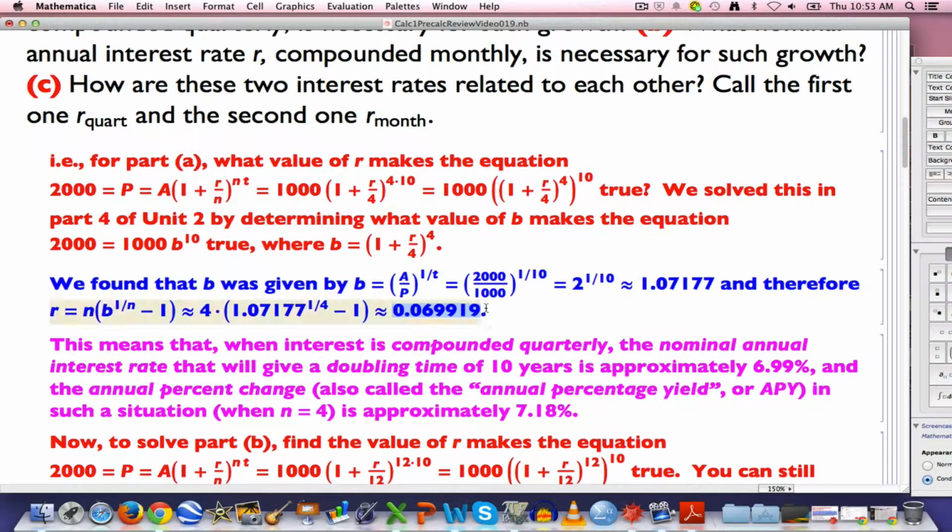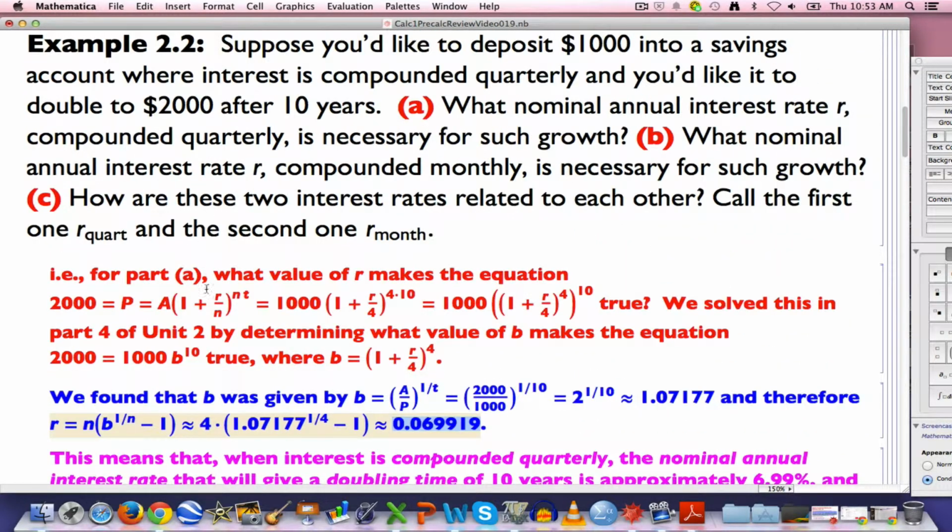The answer was about 6.99% in effect. But this explains it. To answer part A, what value of R, compounded quarterly, is necessary for such growth, we need to plug in 2,000 for P, 1,000 for A, n equals 4, and t equals 10. So ultimately we want to solve for the value of R that makes this equation true. Alright, that's what we're trying to do.